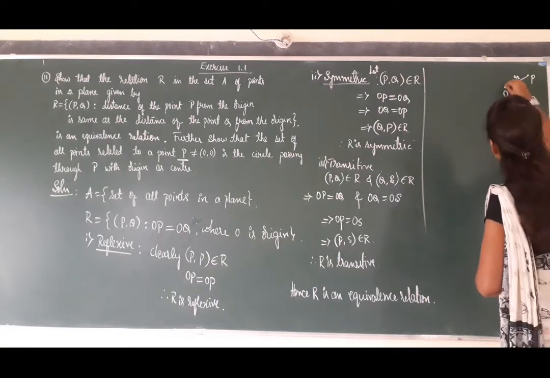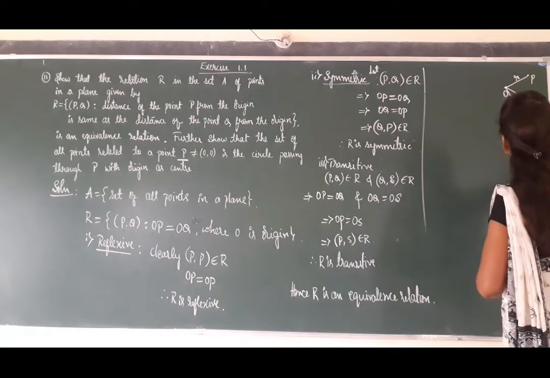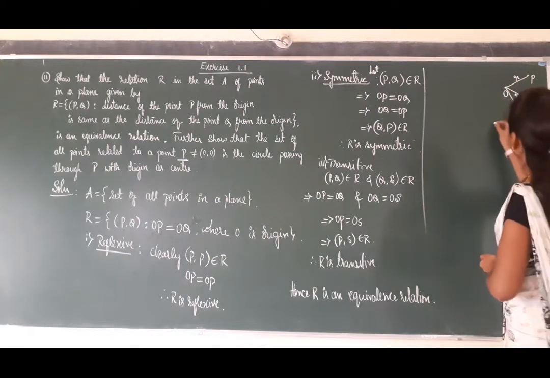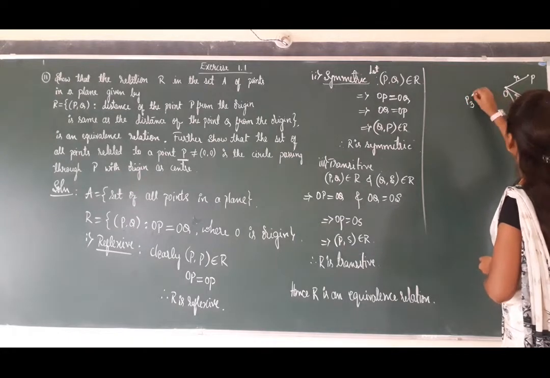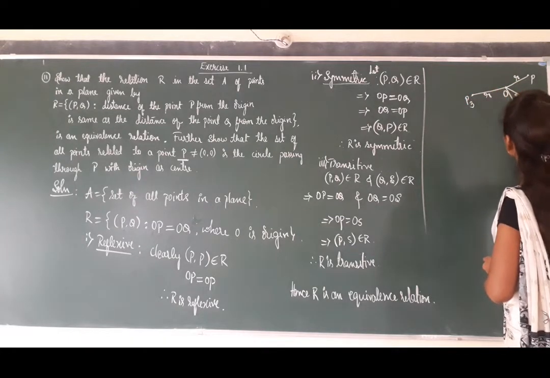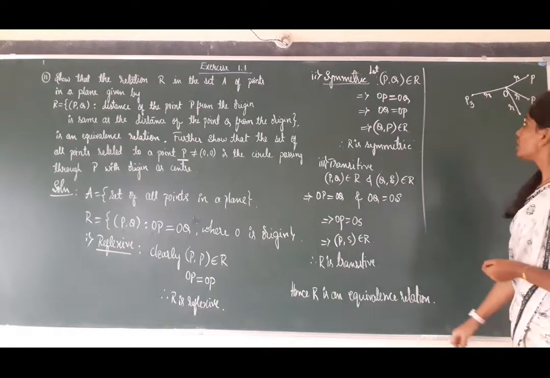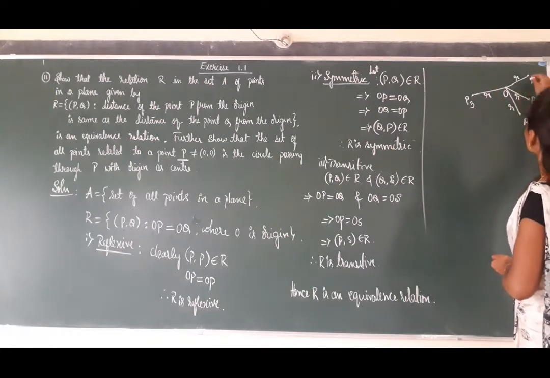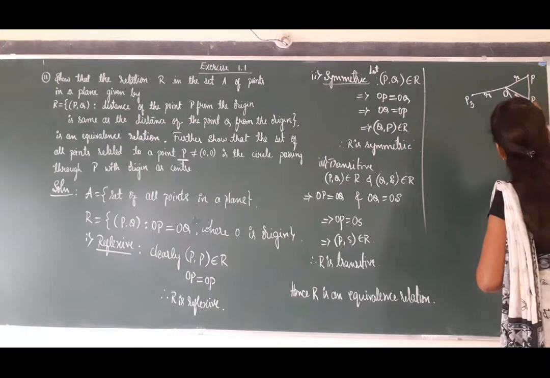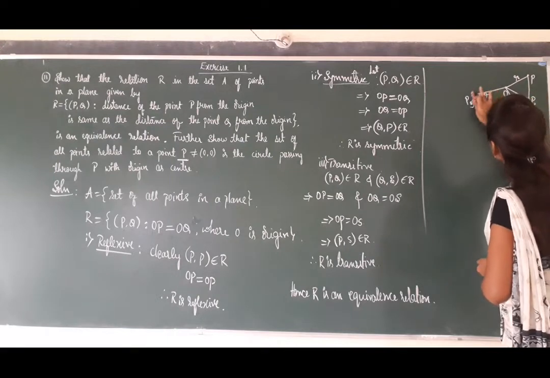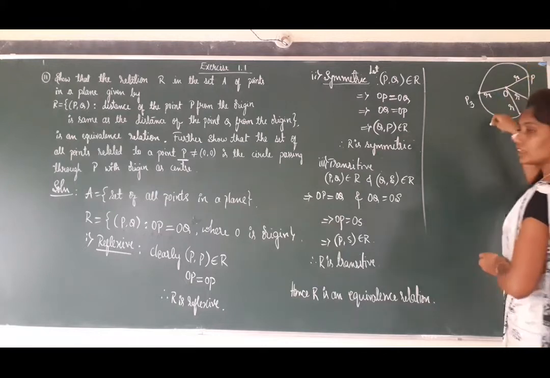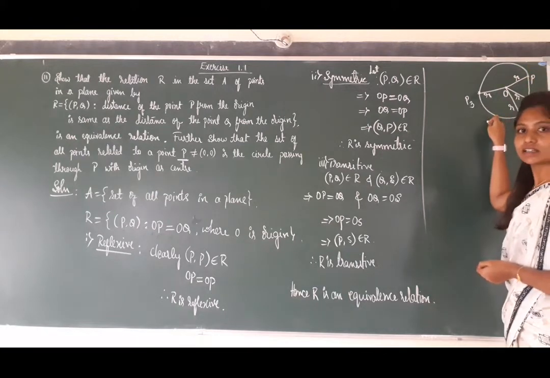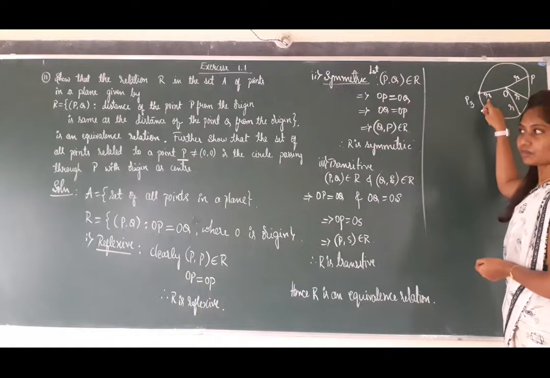This distance is also equal to OP. I am taking another point P3. This is also distance R from the origin O. Observe here. I am joining these points. I am getting a circle with the radius R.